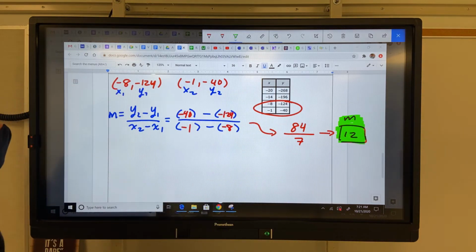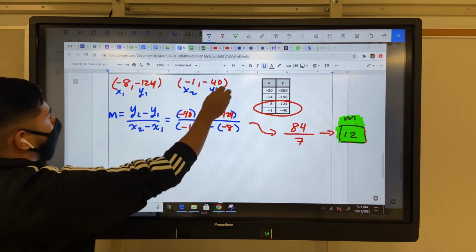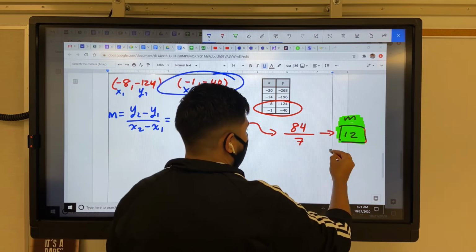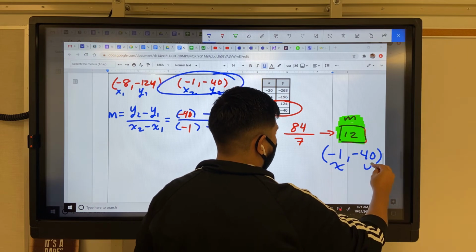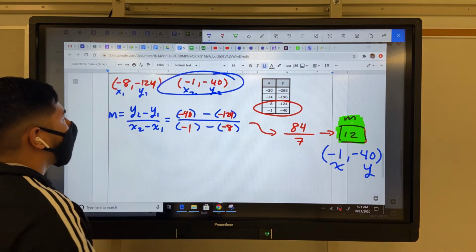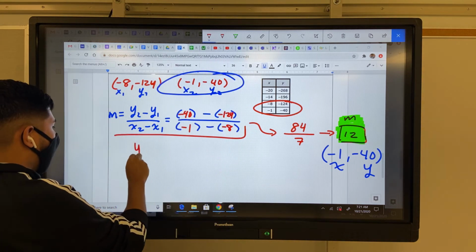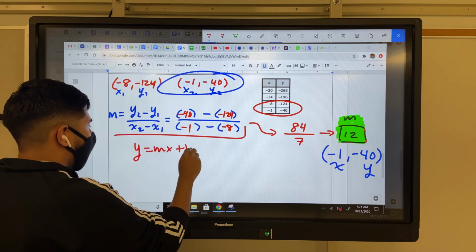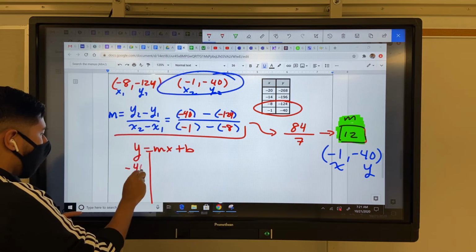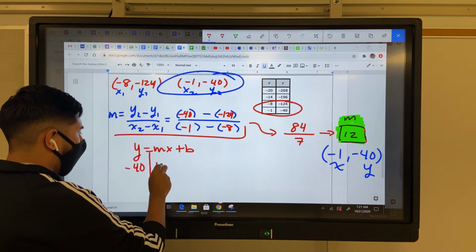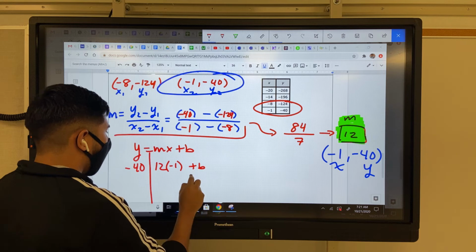Great. Now let's choose a point to go with my slope. I like the smallest one. -1, -40, x, y, and let's solve. y equals mx plus b. Who's my y value? -40. Who's my slope? 12, parentheses, x value, -1 plus b.